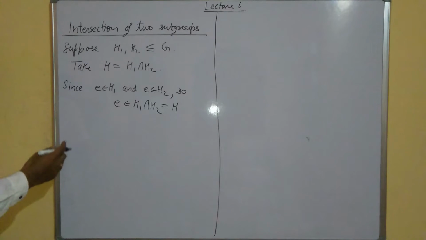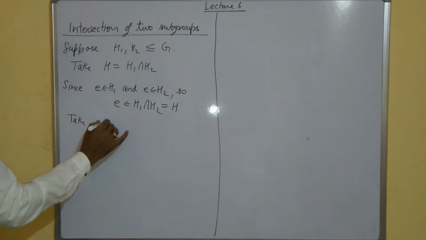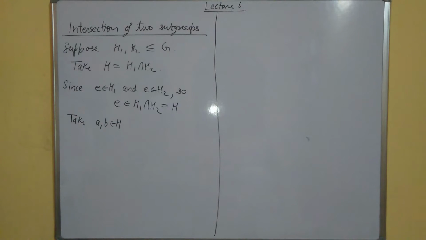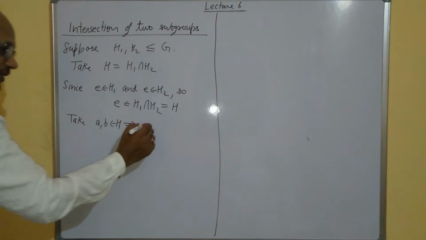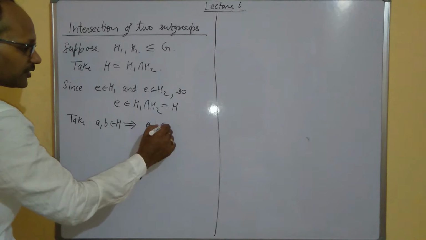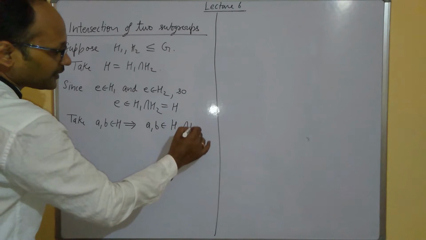Now take two elements a, b in H. Then a, b belong to H1 intersection H2.